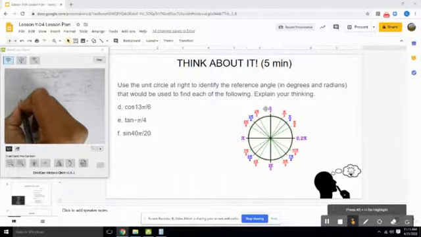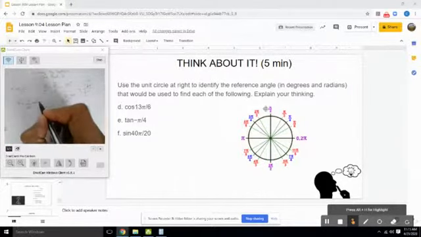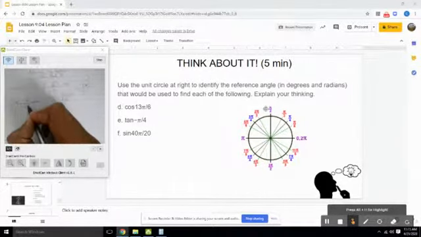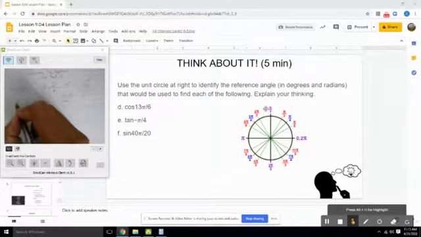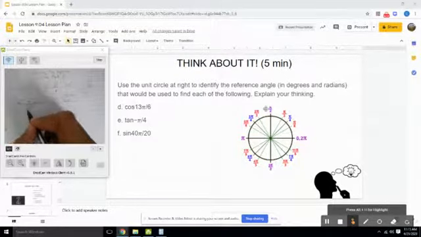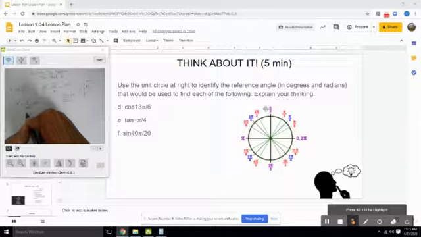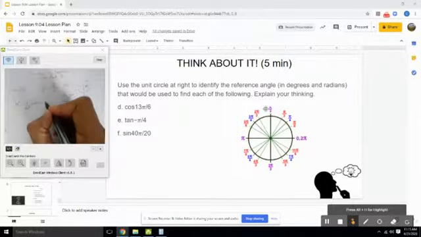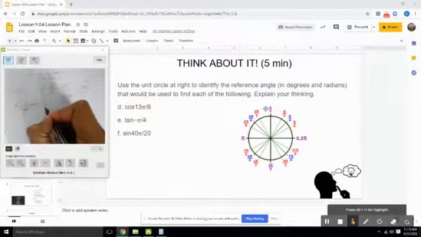Degrees cancel with degrees, and we can cross off our zeros. 3 goes into itself one time. 3 into 18 goes 6 times. So this will be pi over 6.